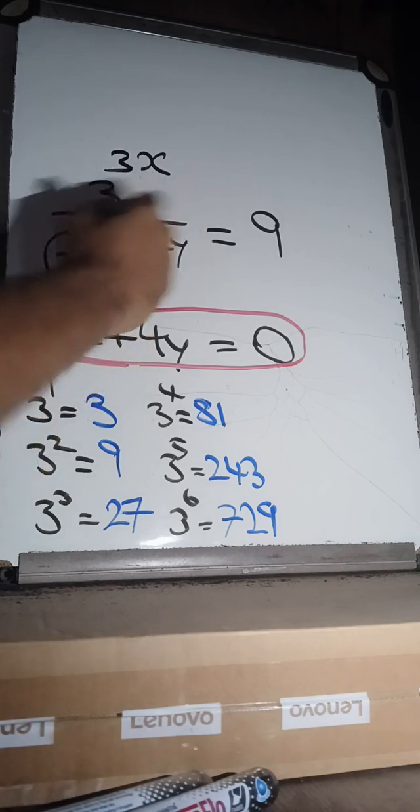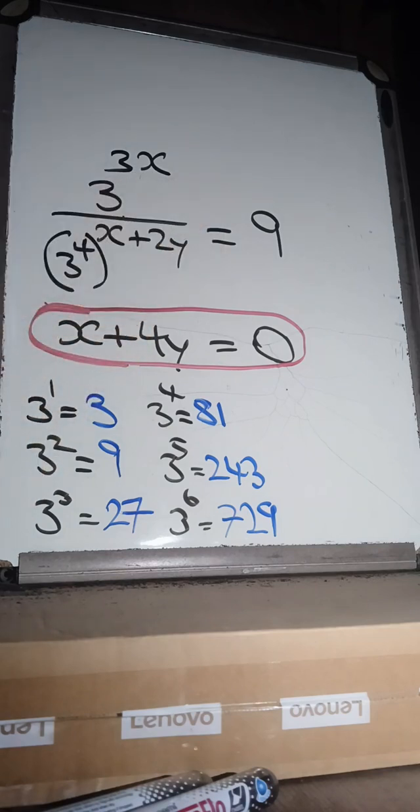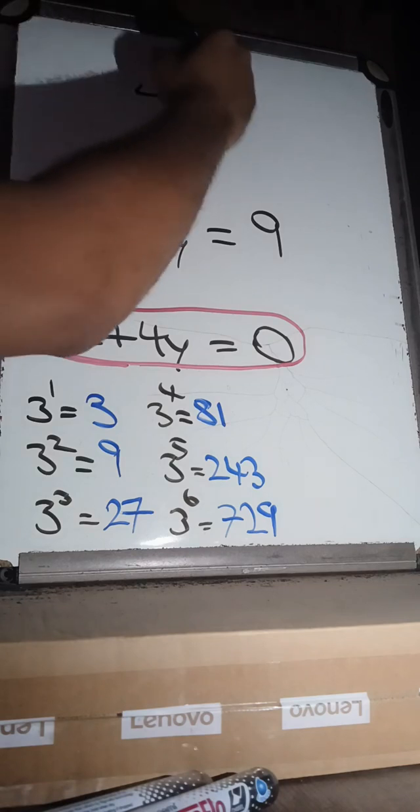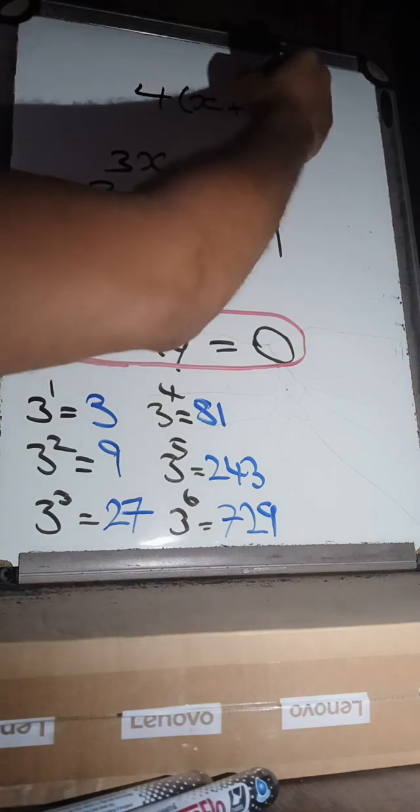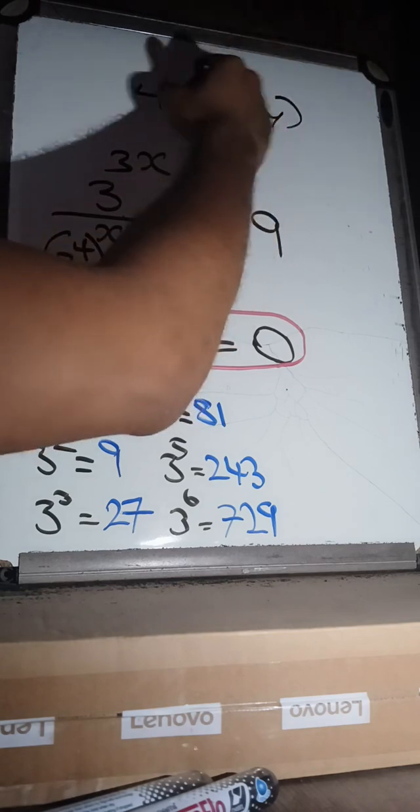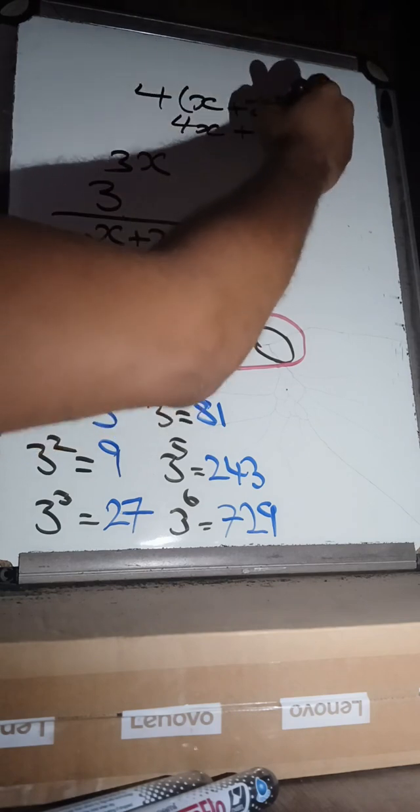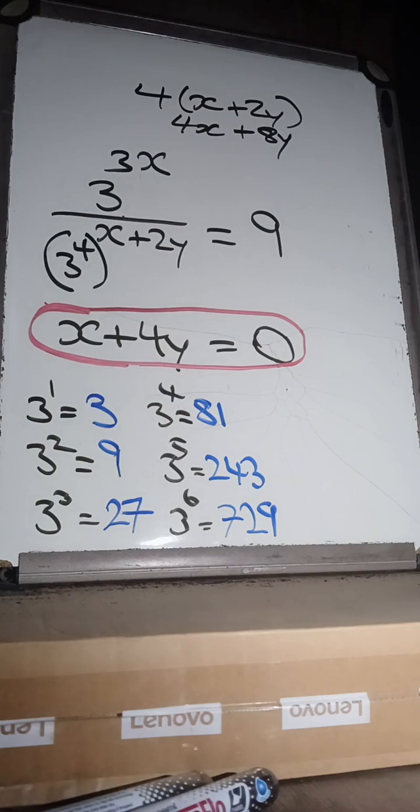However, if we think about the distributive property, 4 is being multiplied by x plus 2y. Right? So if we were to write it like this, then it would be something like that.